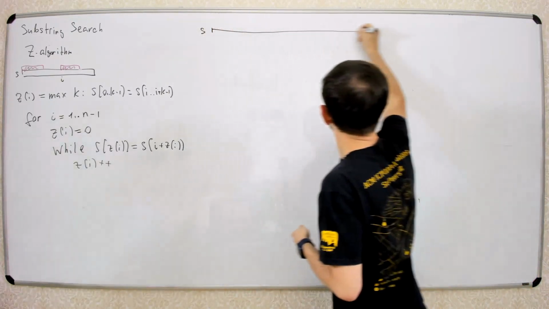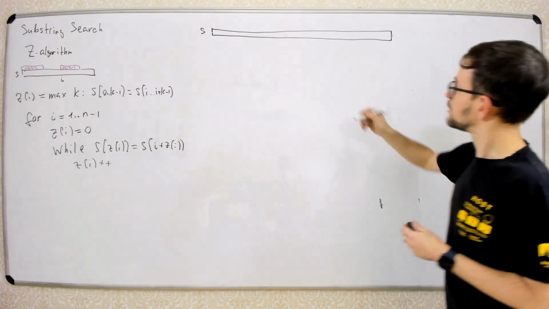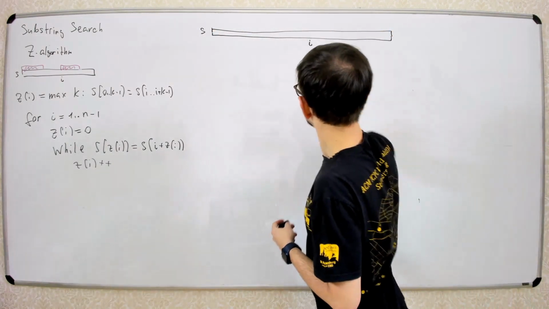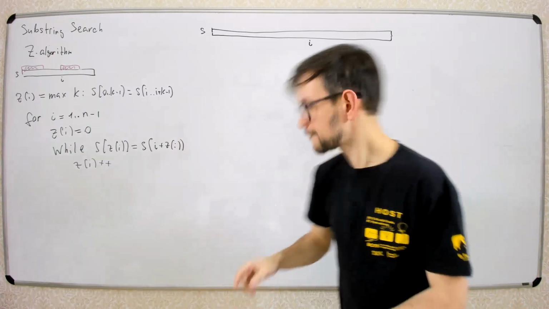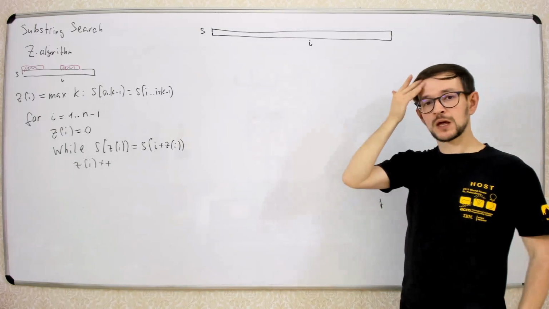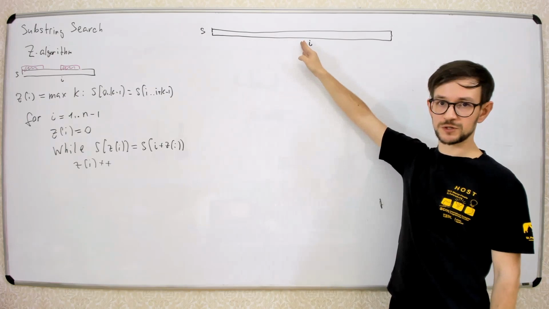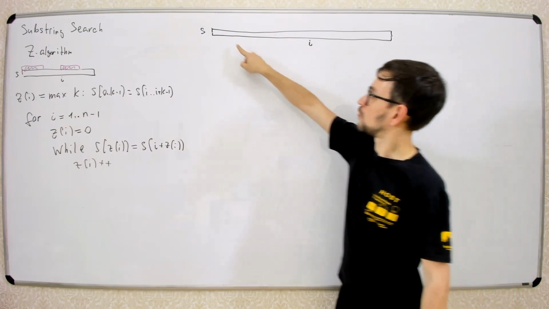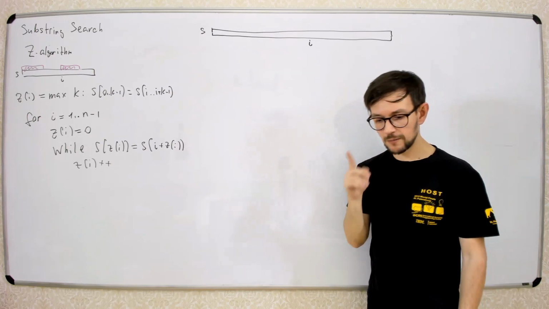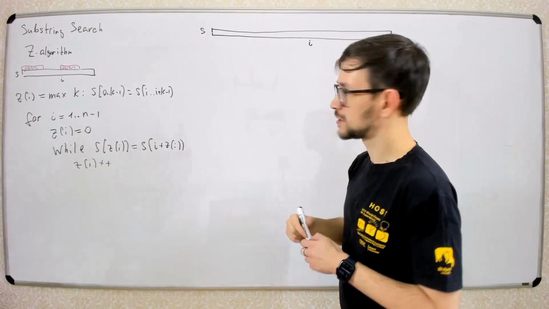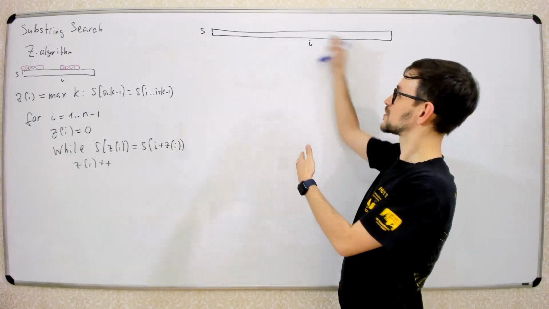Let me draw a big picture. I have this string s, and I have this position i here. Let's remember, I already calculated all the values from 1 to i minus 1, so for all these positions I already calculated the value of z. What will I remember? From all these positions I will remember the largest block going furthest to the right.